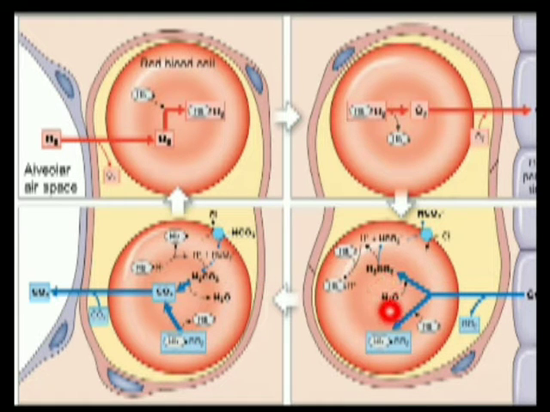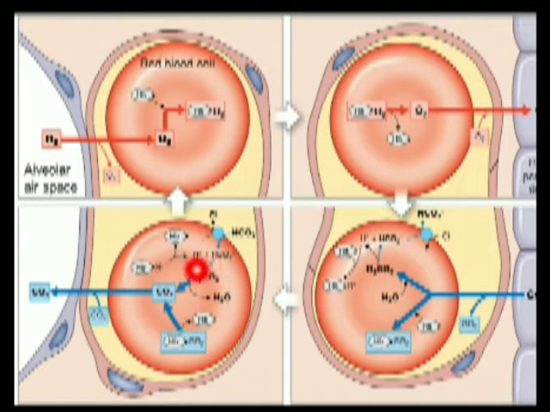And the other carbon dioxide, that is the 20 to 25% of carbon dioxide, directly binds with the hemoglobin, and is called carbaminohemoglobin. Then, near the alveolar cell, the reverse reaction occurs, where the antiporter allows bicarbonate ion to enter into the RBC and chloride ion to pass out from the RBC.